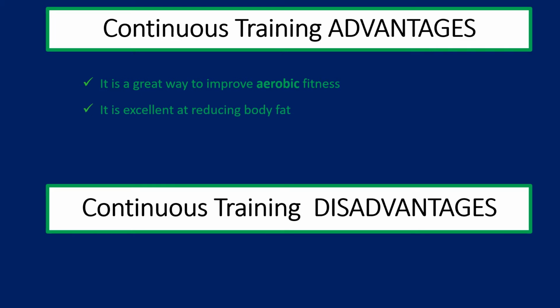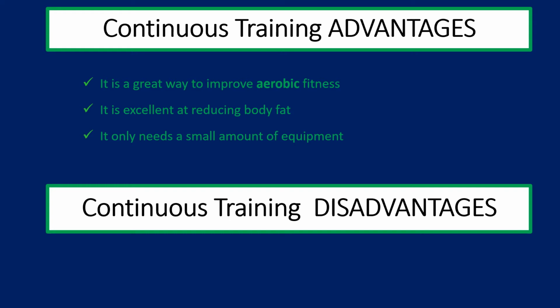It's really good at reducing and lowering your body fat because you are working for a sustained period of time, therefore your body will need to go into its fat stores to produce energy. And lastly, you need a very small amount of equipment. If you wanted to start continuous training today, I can guarantee every single one of you has everything that you need. Pop on your trainers and go for a 20-minute run. Bam, you've just done continuous training.